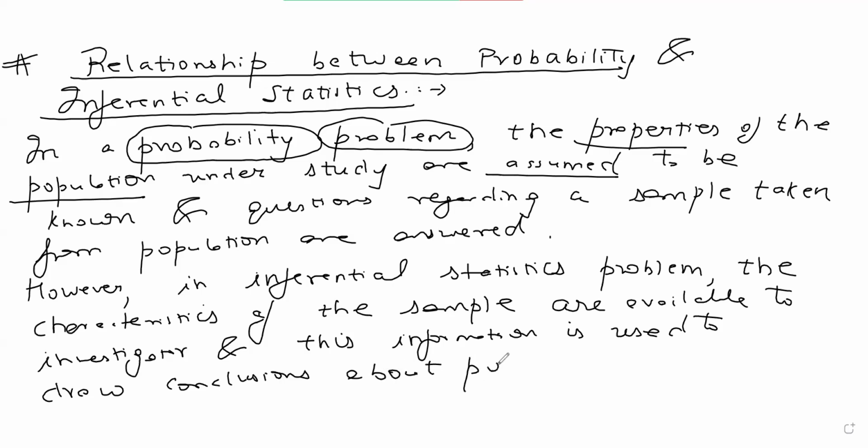So the purpose of making students write these paragraphs is that you should be crystal clear before pursuing further with the course. When we solve simple probability problems, our assumption is we know the population and we are finding answers about the sample.